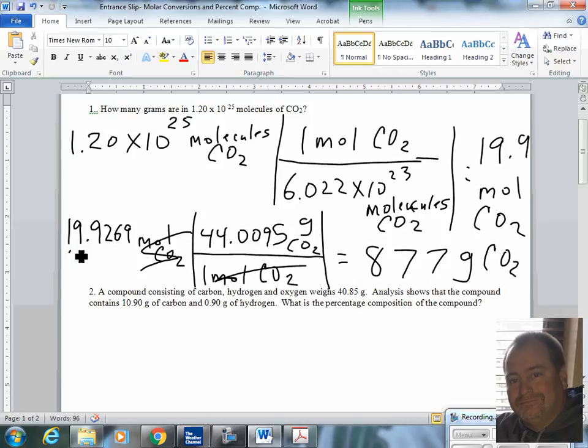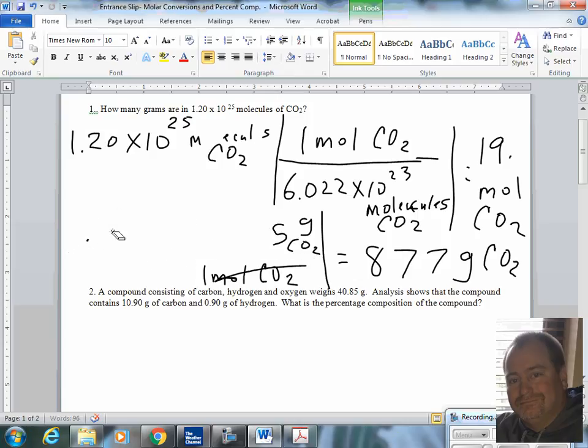On this step right here, I don't round anything until the very end, just to prevent rounding errors, because the more I round, the further off my number gets from the actual value. Okay? So, even though I didn't write them all down, I usually keep those numbers in my calculator when I'm calculating and use the big long one, right?